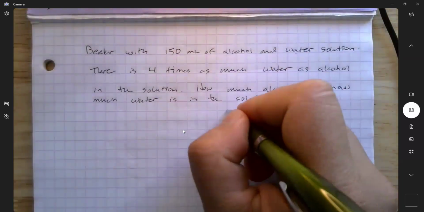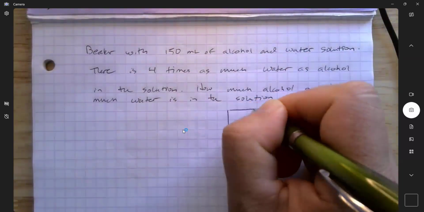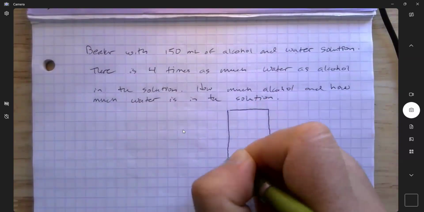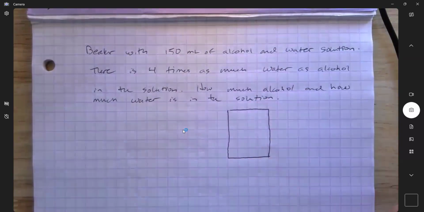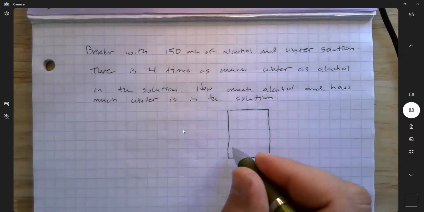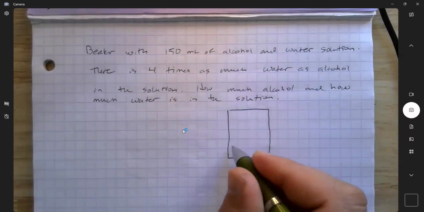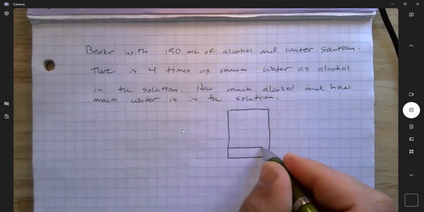Okay, so first I'm actually going to solve this using a visual representation. I'm going to make myself a beaker. Now in solution, the water and the alcohol mix perfectly, but in terms of volume, it doesn't really matter. So I'm just going to say I have, I don't know, this much alcohol.